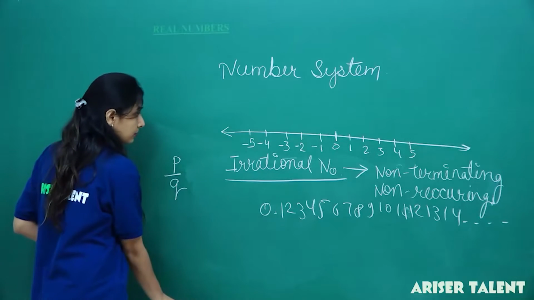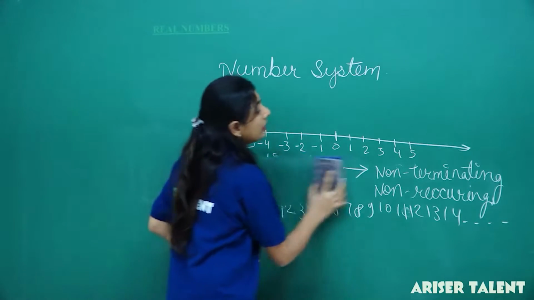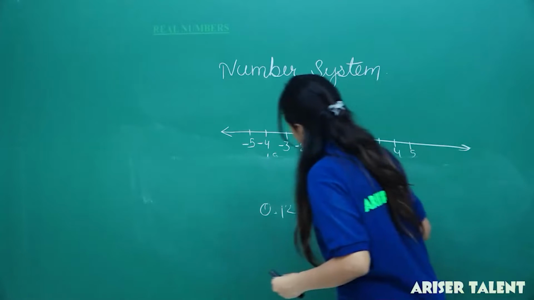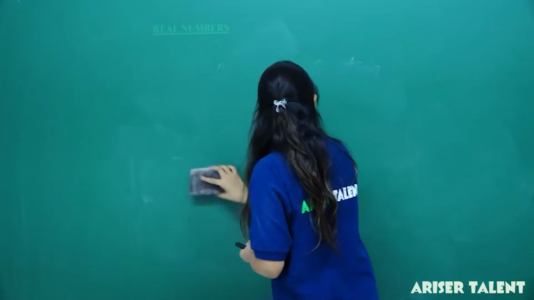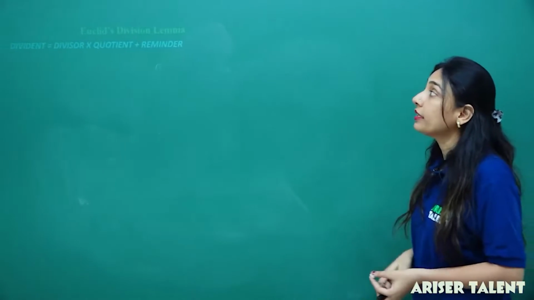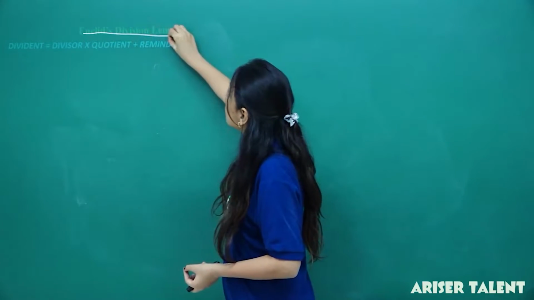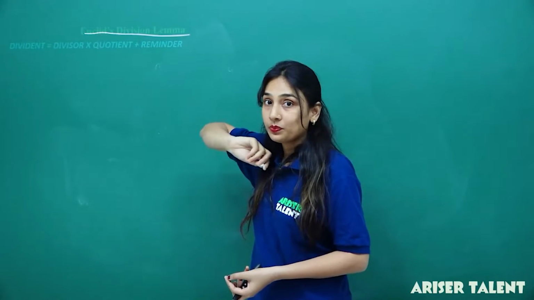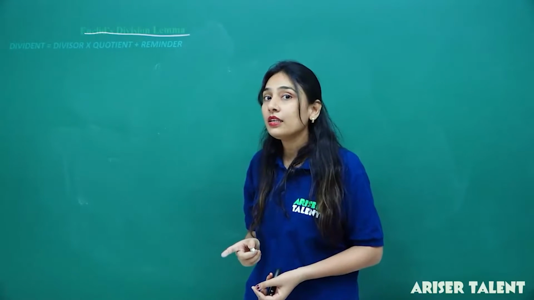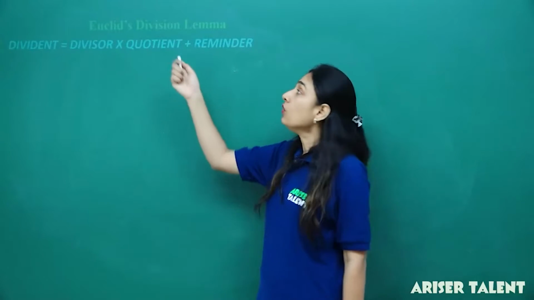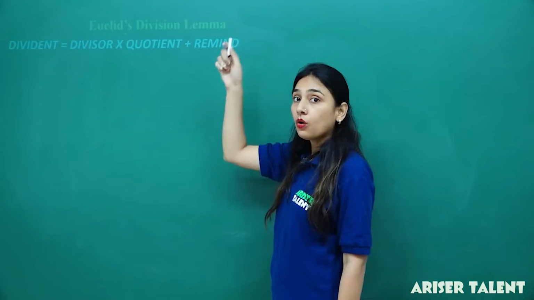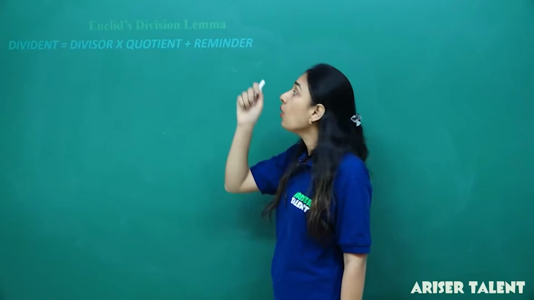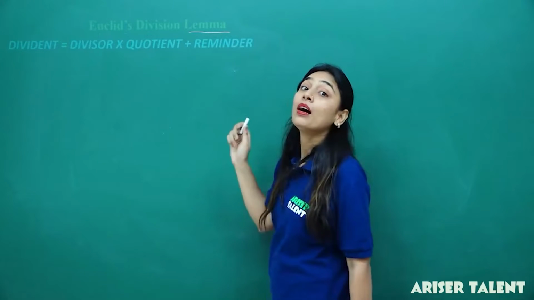Okay. So I hope your number part is now finished and you understand it well. So we will move to the next part which is important, Euclid's division lemma. Now let me first clear you what is the meaning of lemma.